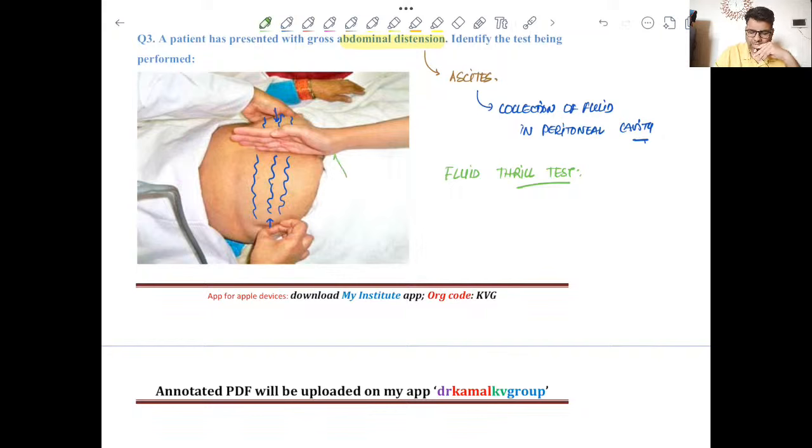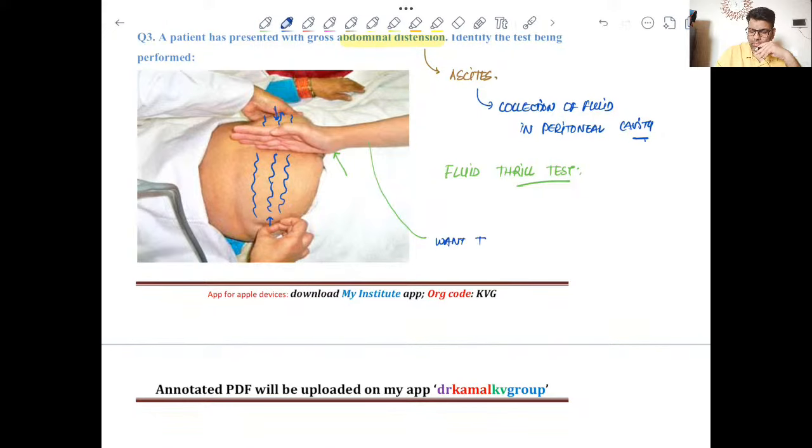Now if you see in the image there, usually we tell the patient to keep the medial border of the hand in the middle of the abdomen, right? Now what is the purpose of keeping this hand here? The hand is placed because we want to block vibrations set up in the subcutaneous fat, right?